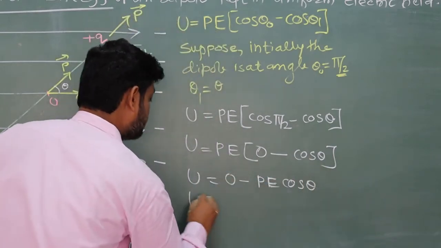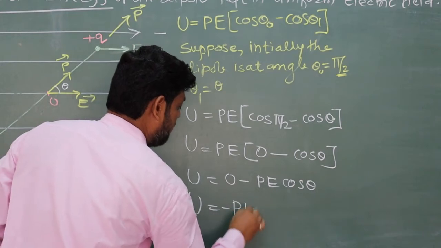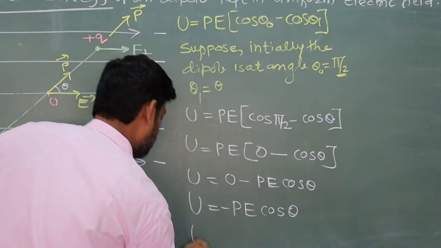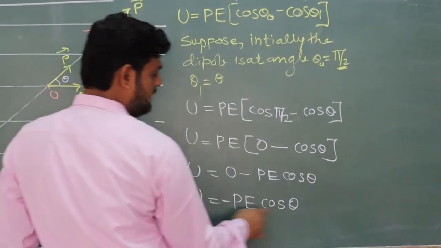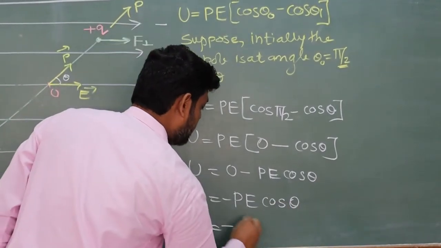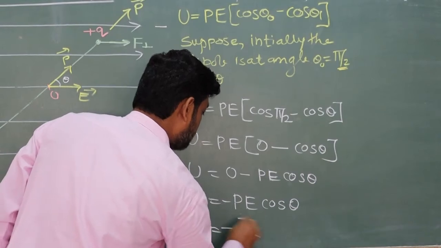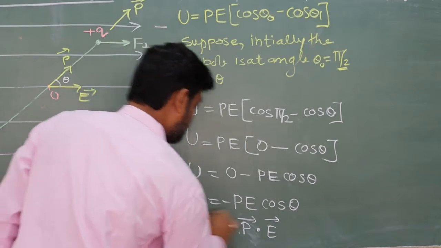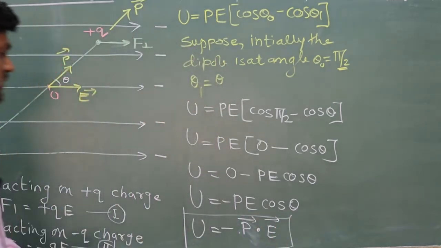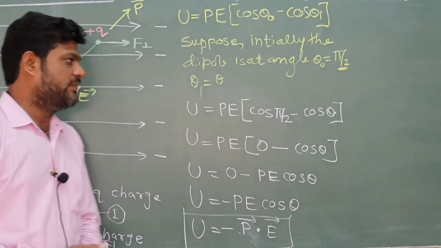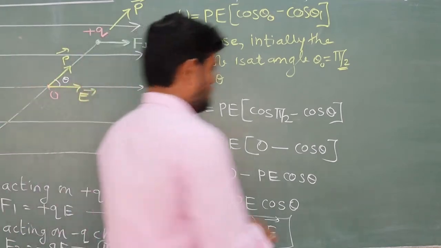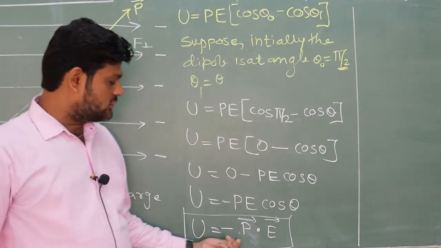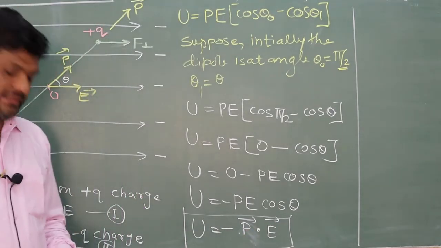So finally your equation is minus of pE cos theta, and cos theta means what? It is P vector dot E vector. So this is your final equation for the potential energy of a dipole, right? U equal to minus of P vector dot E vector.